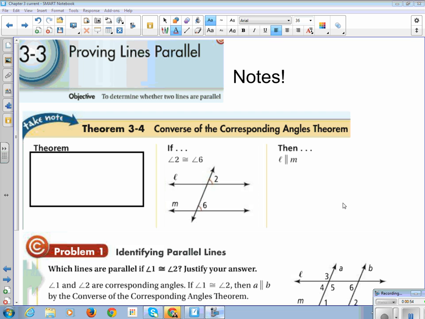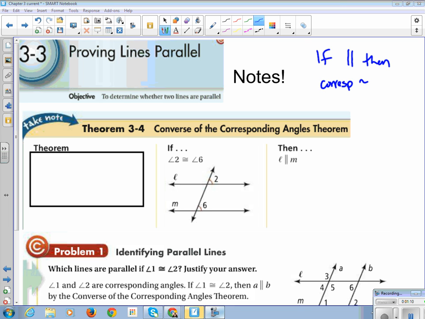So the corresponding angles theorem was if two lines are parallel, then their corresponding angles are congruent. So if you know what the word converse means, this is really easy because we're flipping it around.